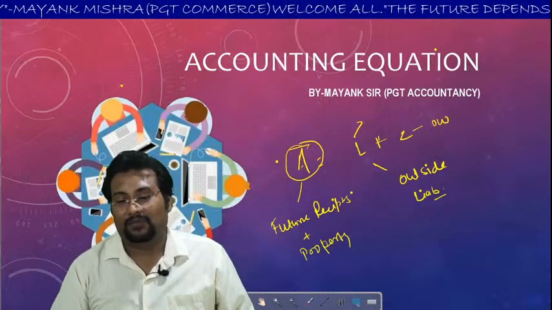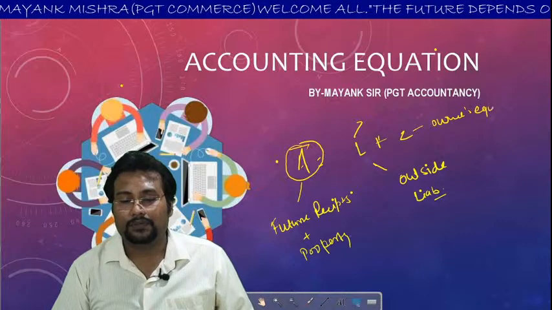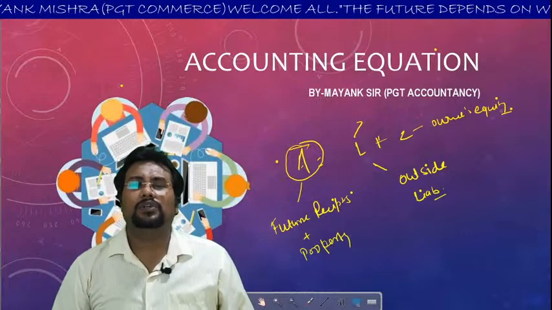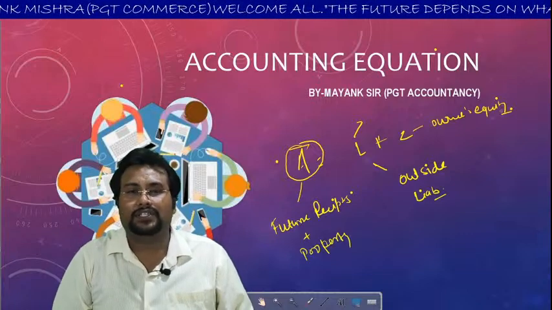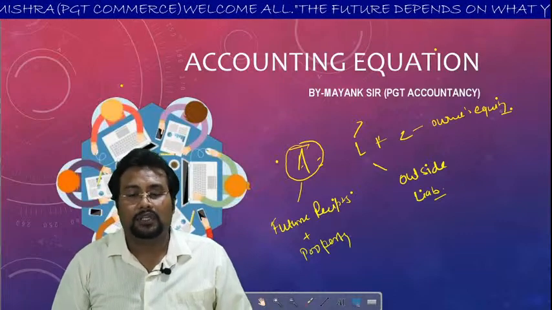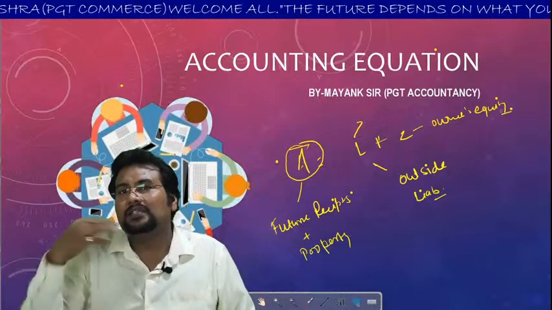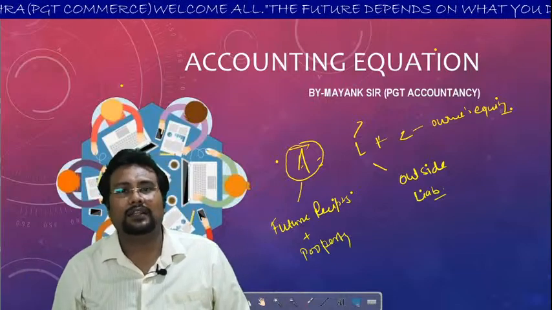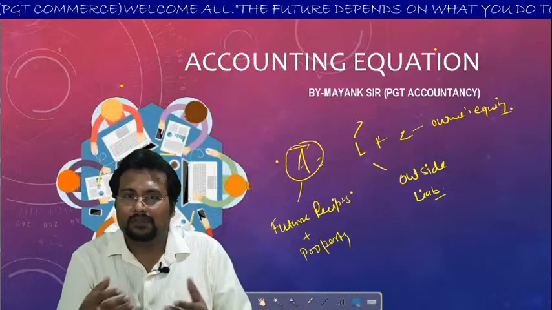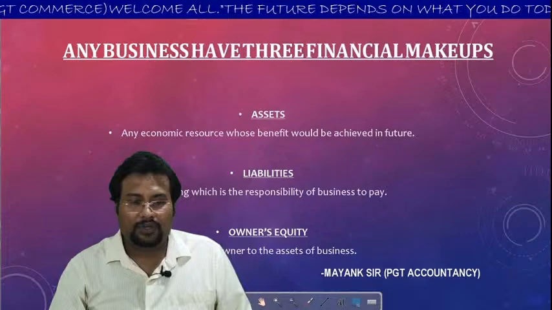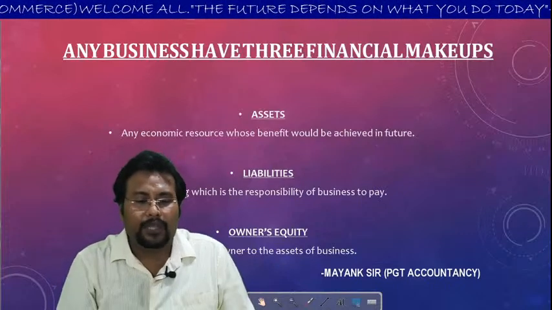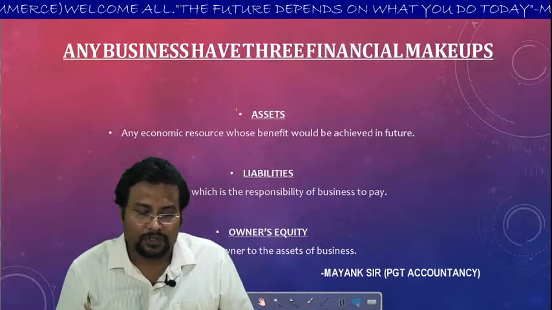Now capital, one word is there, that is owner's equity. Whatever amount the owners invested, whatever things owners invested for starting or for running the business, that will be considered as capital. So anything which increases the capital will also be included in that, and anything which decreases the capital will also be included in that. For example, we will discuss. Okay, so next, these are the complete meaning of assets, liabilities, and owner's equity.